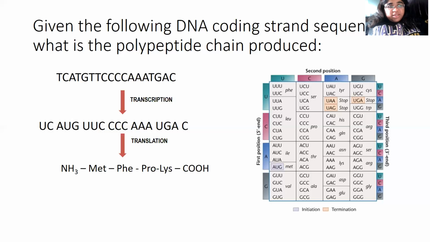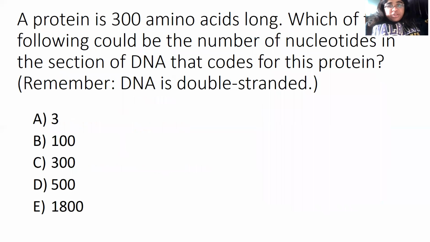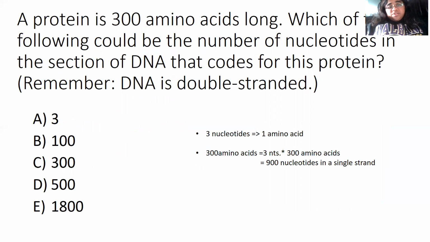So let's do another different question. A protein is 300 amino acids long. Which of the following could be the number of nucleotides in the section of DNA that codes for this protein? So we know that 3 nucleotides equals 1 amino acid. 300 amino acids equals 3 nucleotides times 300 amino acids equals 900 nucleotides in a single strand.